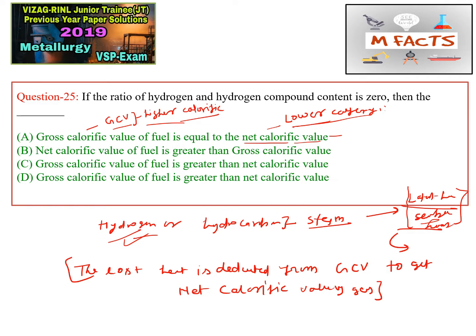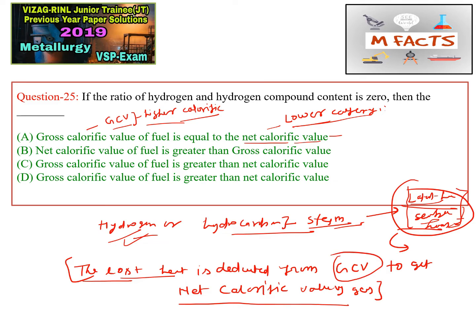If hydrogen and hydrocarbon are present, they form steam, and latent heat and some sensible heat are lost in the process, and this lost heat is deducted from the GCV to calculate the net calorific value. If hydrocarbon and hydrogen are not present, there will be no steam, so no loss of latent heat and sensible heat. The lost heat deducted from the GCV will be zero, so the gross calorific value will equal the net calorific value in that case. So A is the correct answer for this question.